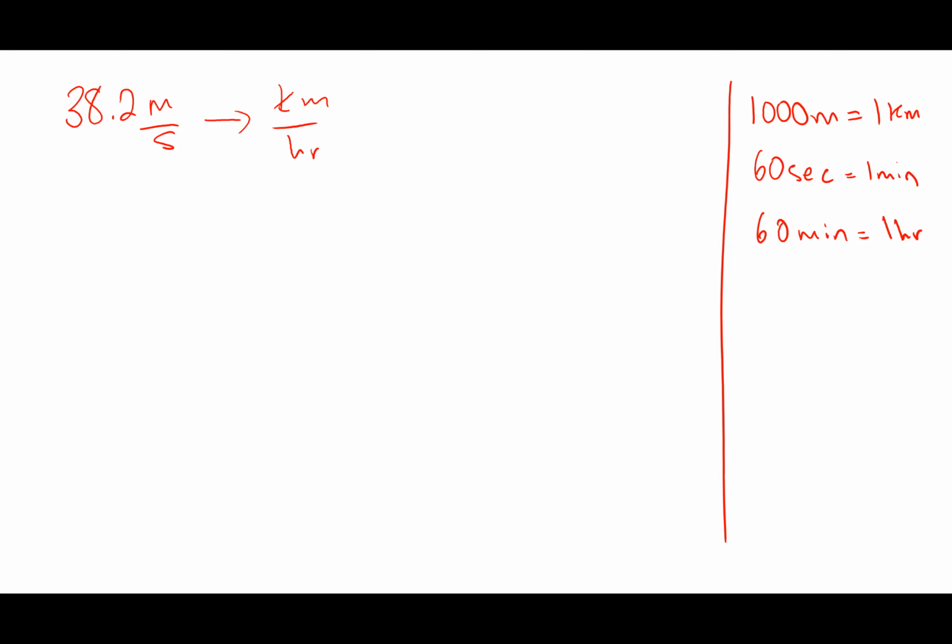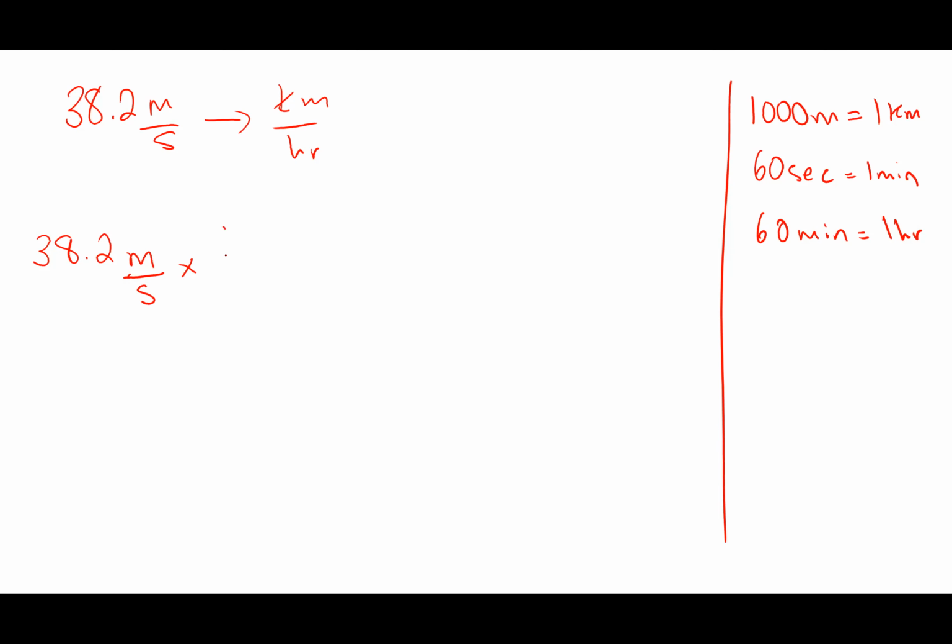The notes do this all in one big step, which I'll do because it's pretty convenient. First things first, I'm going to multiply this by my first conversion factor to change it into kilometers.